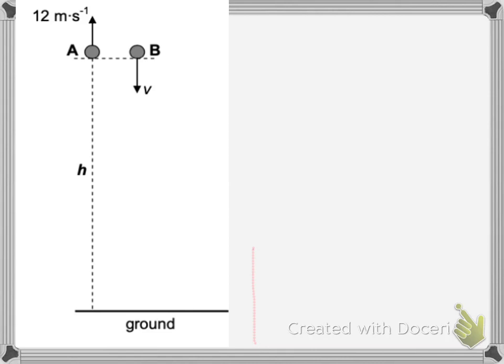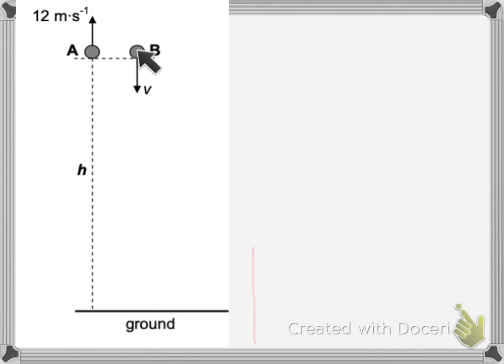Ball A is being tossed upwards at an initial speed of 12 meters per second. Obviously, when it reaches its maximum height, it will be at a velocity of 0. So initial velocity would be 12 for ball A, and at its maximum height, it will be 0 meters per second.